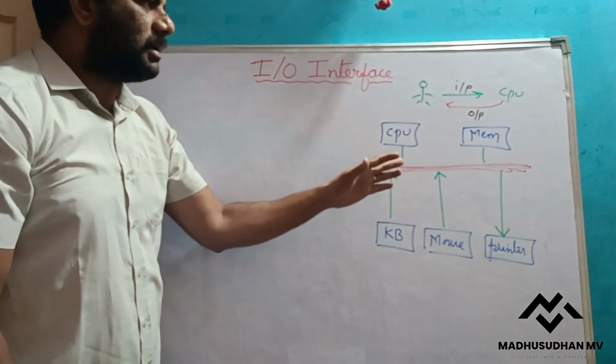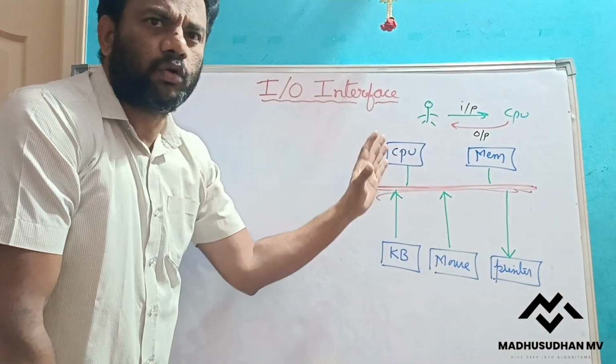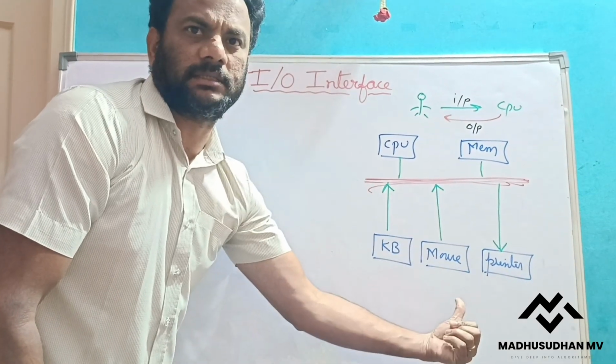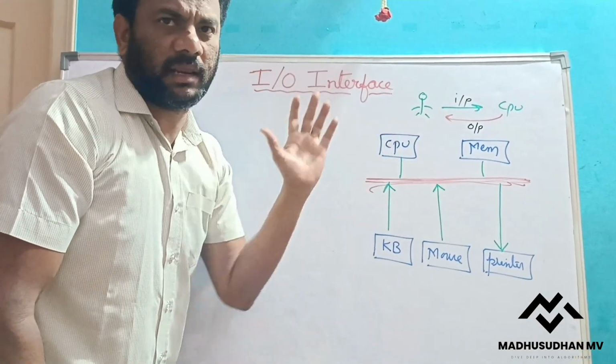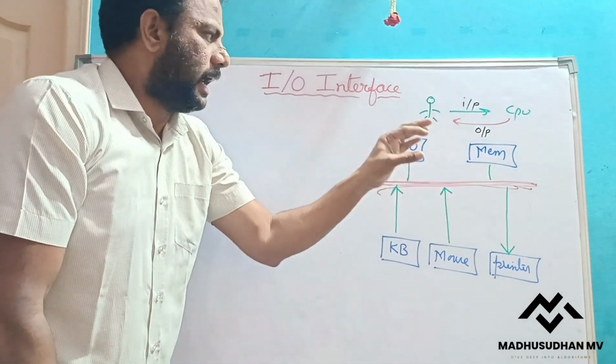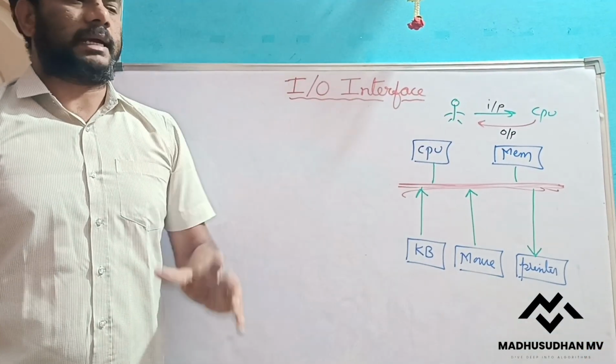Now it is not so easy, because communication is not going to happen so simply between the processor and these I/O devices. There are many reasons. These I/O devices are of a different category, and the processor is of a different category. Let me tell you what the different category means.